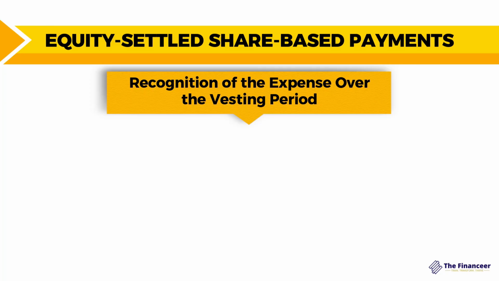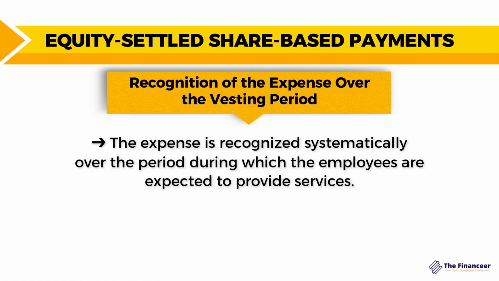Now, let's discuss how to recognize the expense over the vesting period if we have a vesting period in our situation. In this case, the expense is recognized systematically over the period during which the employees are expected to provide services, which is called the vesting period.